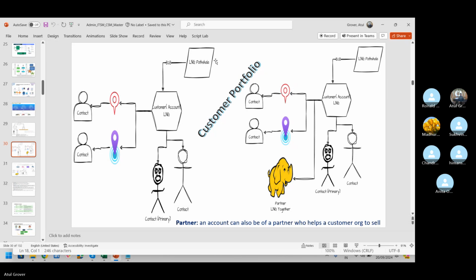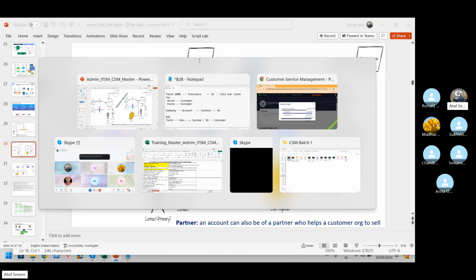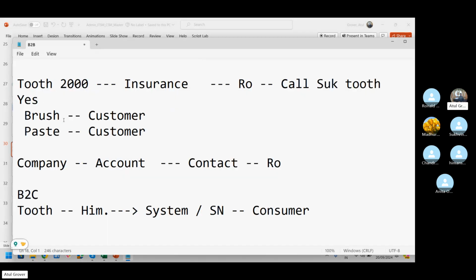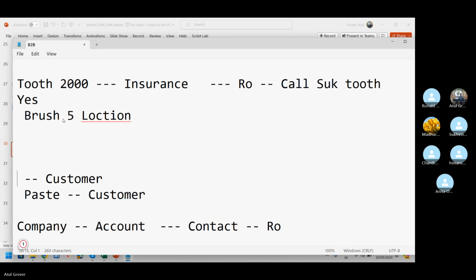Now understand these as separate concepts. B2B. Now what is in B2B? Let's say this brush company has 5 locations, or let's say 2 locations only.